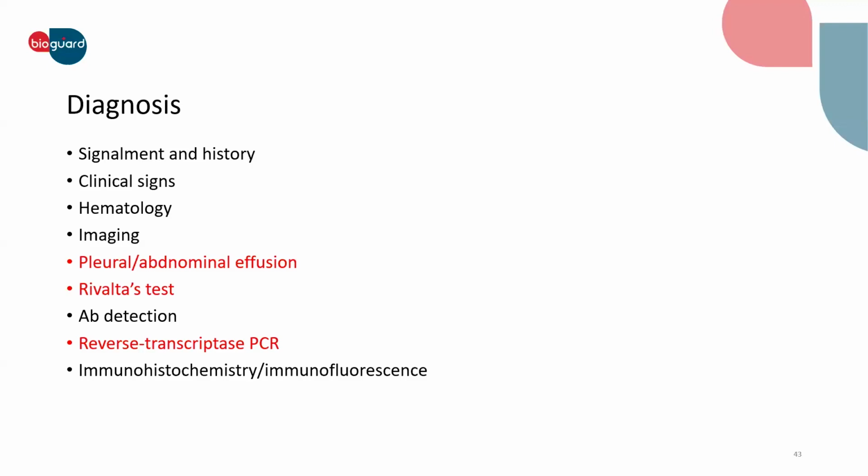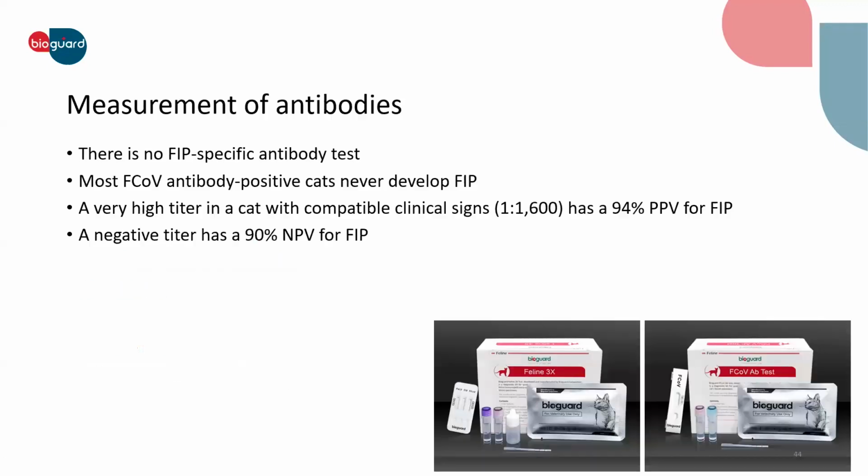Usually it requires a combination of signalment and history, clinical signs, hematology, imaging, and effusion analysis, or the Rivalta test, and RT-PCR, or even immunohistochemistry or immunofluorescence. A combination of all those diagnostic tools can help best to diagnose FIP.